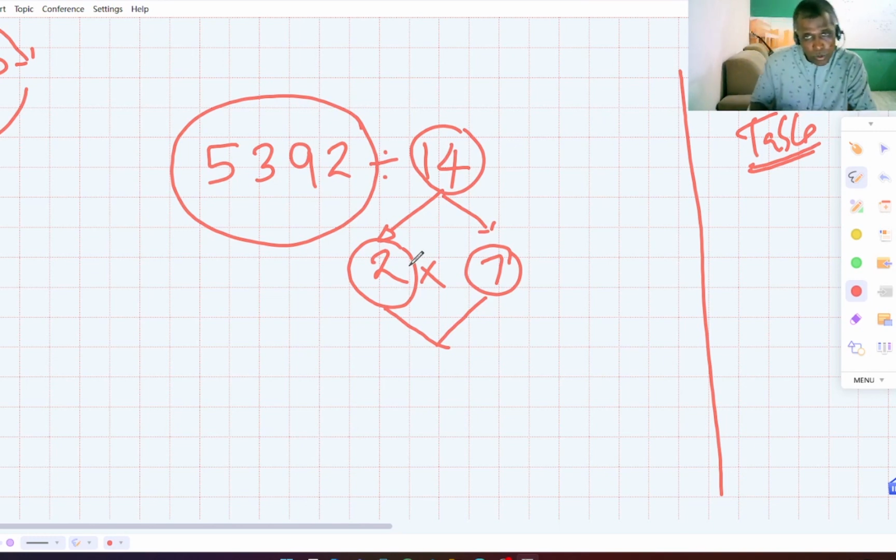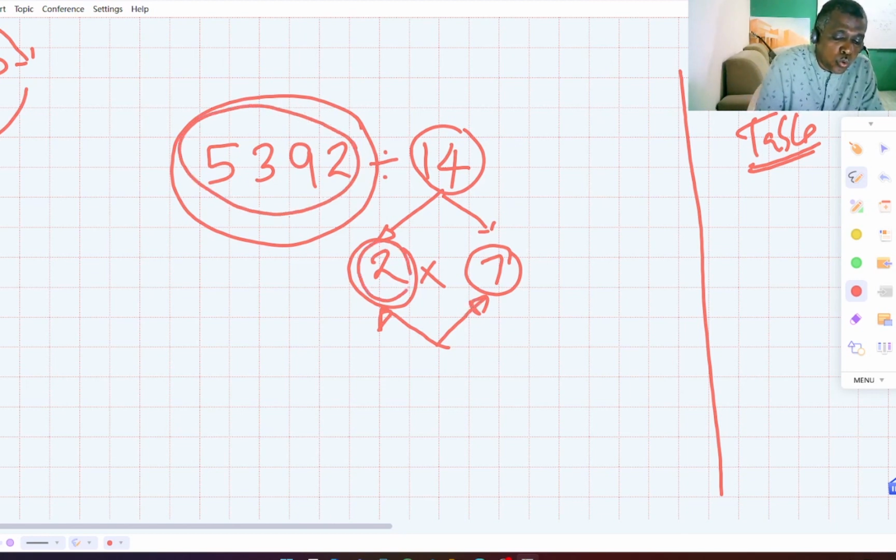Here, we want to keep in mind which number we want to start from. If this number is not divisible by 2, you can't use this method.